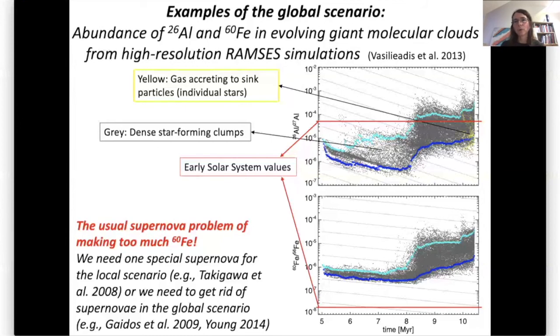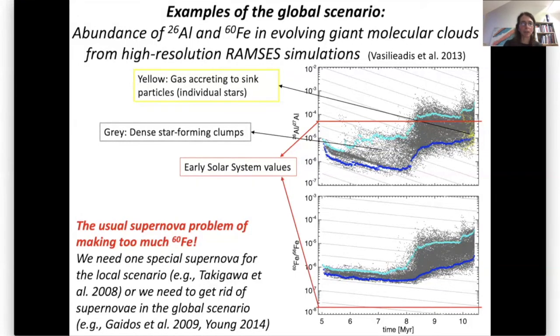Again, to have aluminum-26 high is not a problem. There are plenty of these stars that show aluminum-26. But then they also have iron-60, way more than what we see in the early solar system. So the sun has to be special again, but for another reason. And this is, again, the usual supernova problem of making too much iron-60.